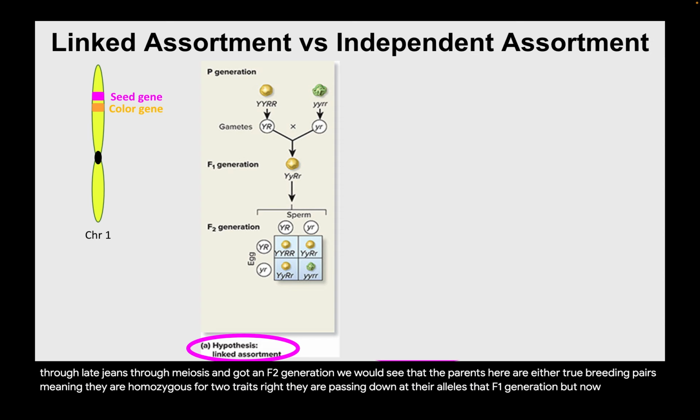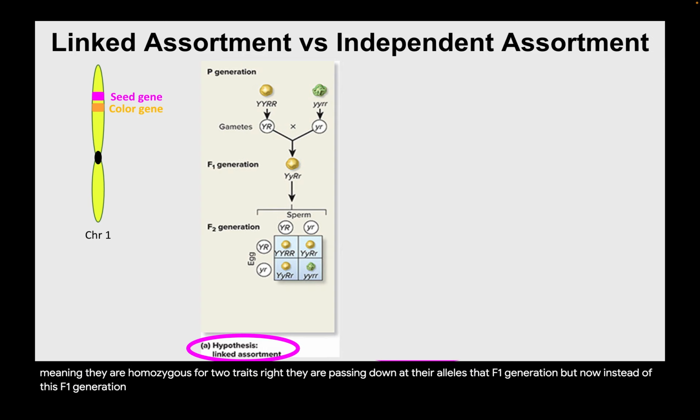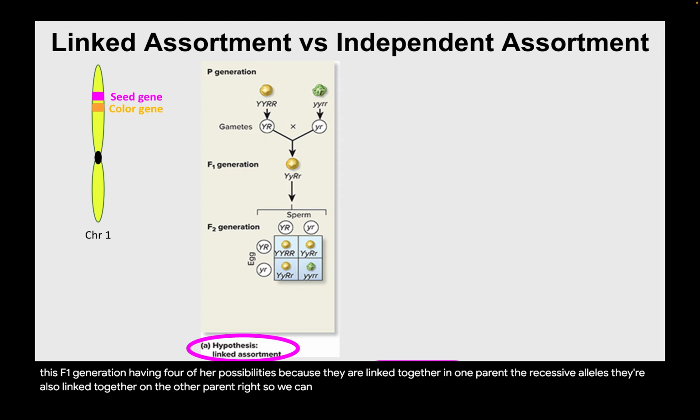But now, instead of this F1 generation having 4 different possibilities of ways that alleles can be combined, there's only 2 possibilities. Because the dominant alleles, Y and R, they're linked together in one parent. The recessive alleles, they're also linked together on the other parent. Right? So they can only have 2 possibilities when they produce their gametes.